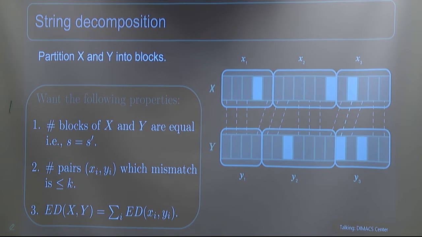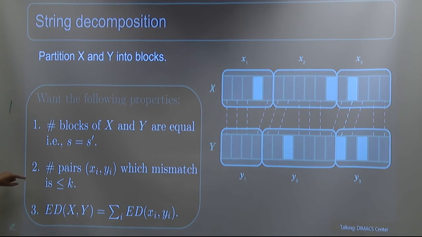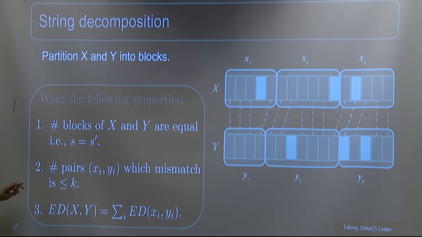What is going wrong here is that one of the edges is going from a block not to its corresponding block but to some other block. We do not want this. We want that all the edges go from one block to its corresponding block. Given this property and the first one, it immediately implies the second property, because I am given that the edit distance of x and y is less than or equal to k.